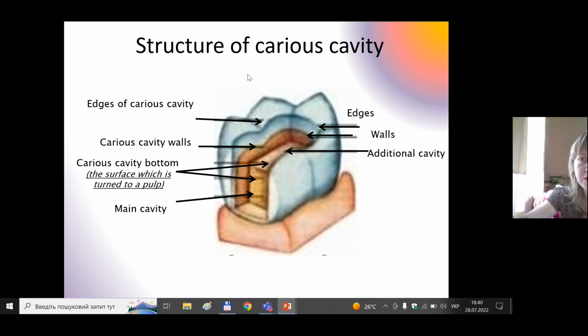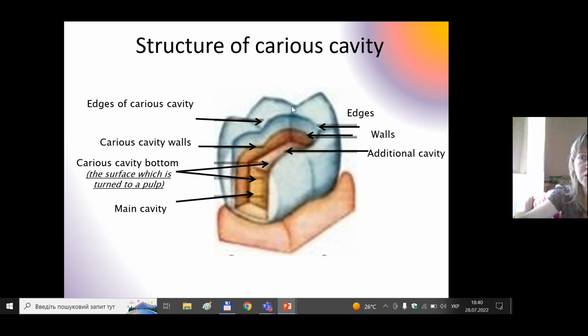Here I have suggested to you the structure of a caries cavity. Without this knowledge, it is impossible to communicate with a professional dentist. That's why such a structure is available.